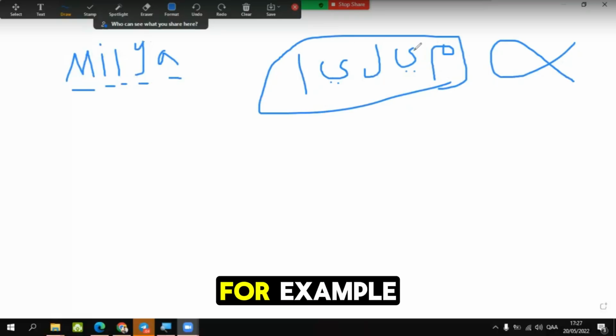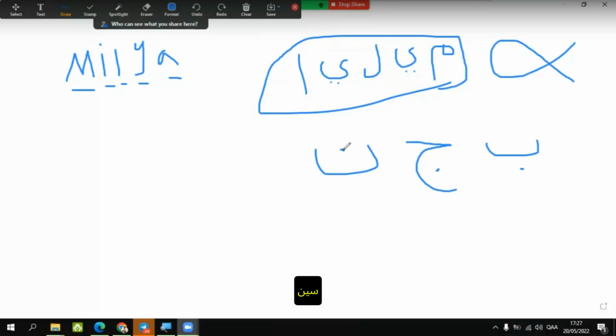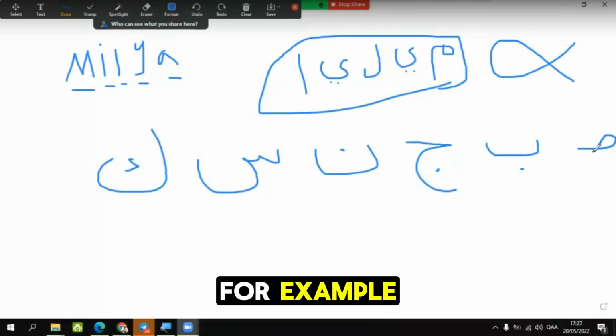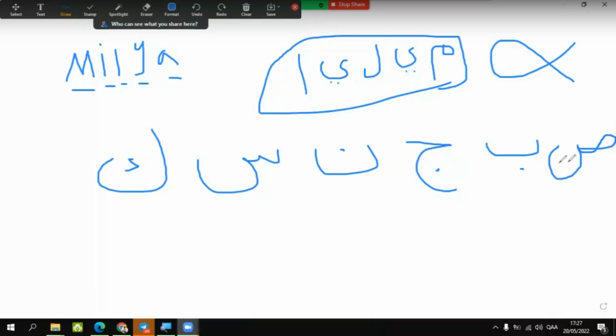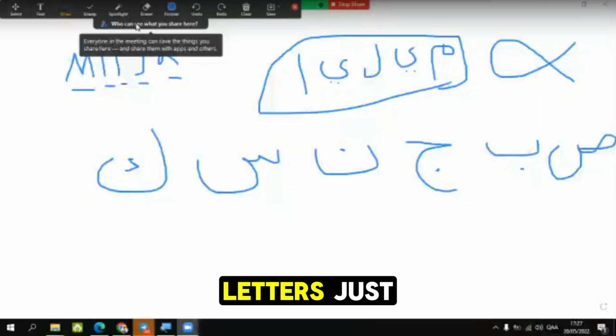So let's start with a few letters on how to connect letters together. Let's imagine we have these letters: ba, jim, noon, sin, and kaf. And let's put sad at the beginning. Guys, when I write a letter, try to think what that letter is in your mind fast, so you can train yourself to know the letters just by looking.